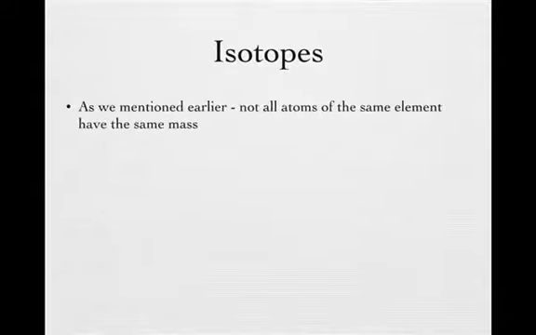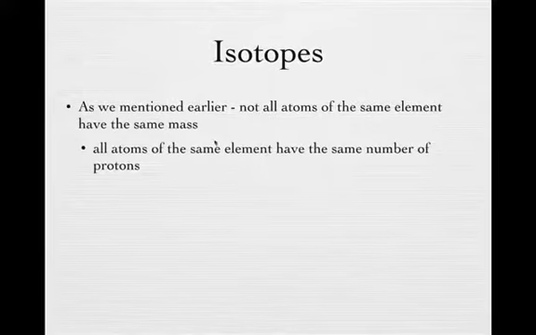So let's get to this idea of isotopes. When we were talking about Dalton's laws, he had said that all atoms of the same element are alike, and we had to say that that's actually not true. Not all atoms of the same element have the exact same mass.